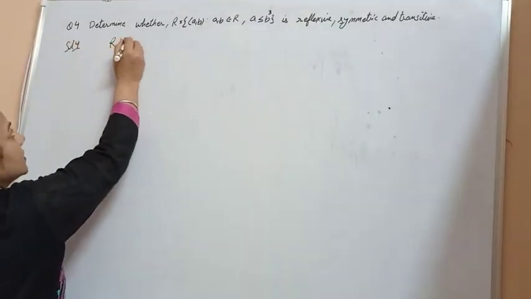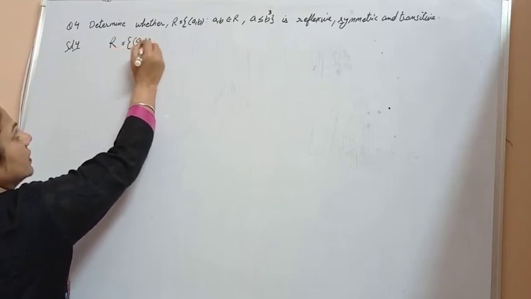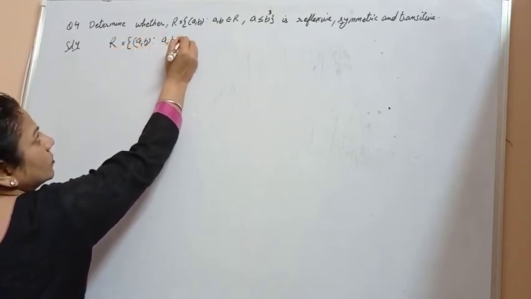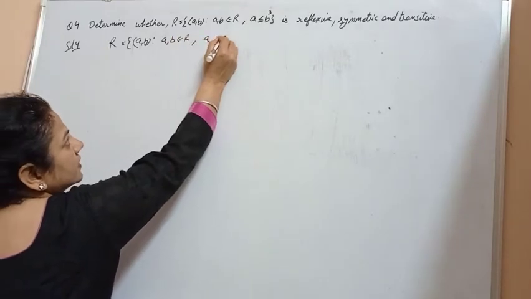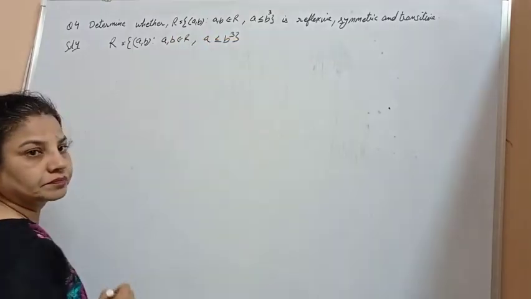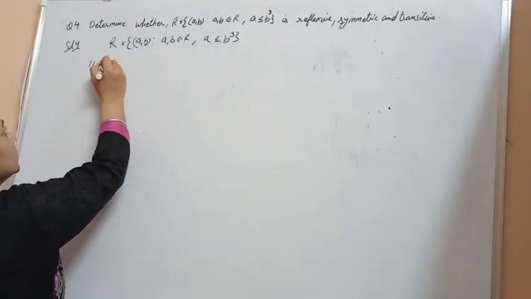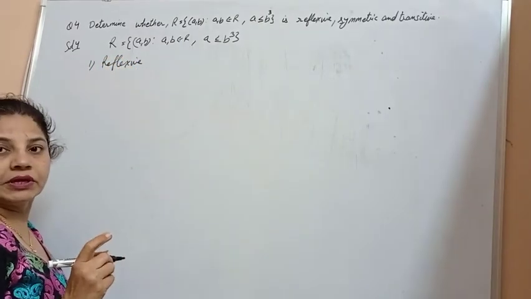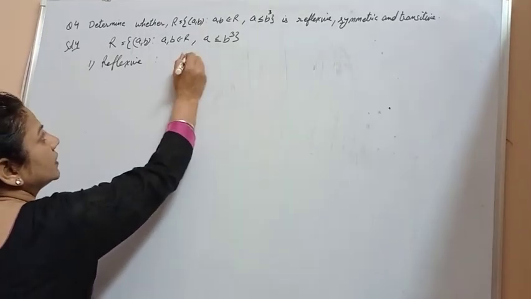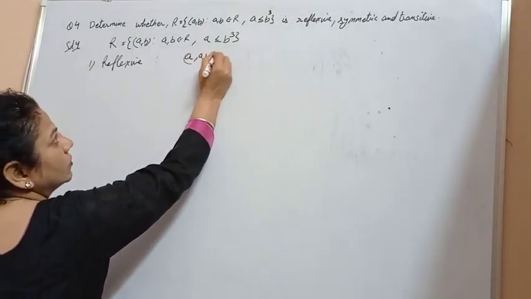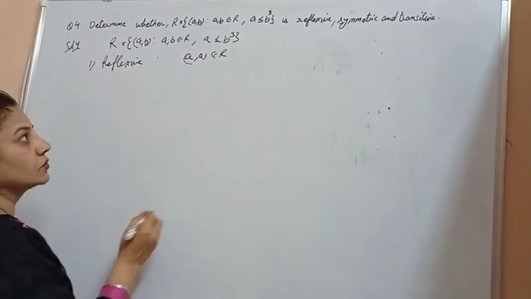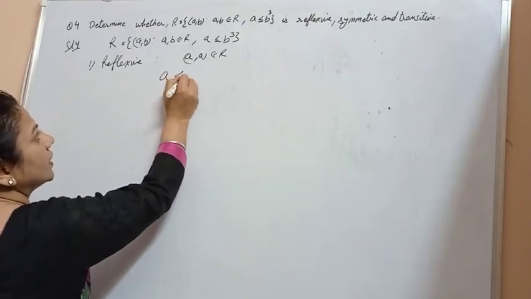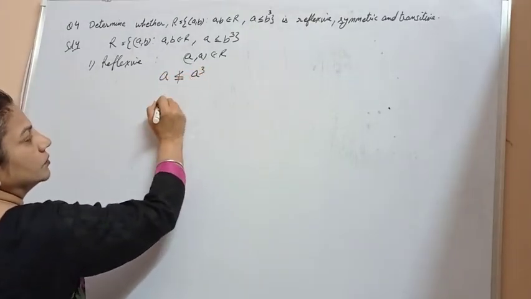The relation R is given as (A, B) such that (A, B) belongs to R and A is less than or equal to B cube. For reflexive, an identical element should be there: (A, A) belongs to R. So in this case, A cannot be equal to A cube.